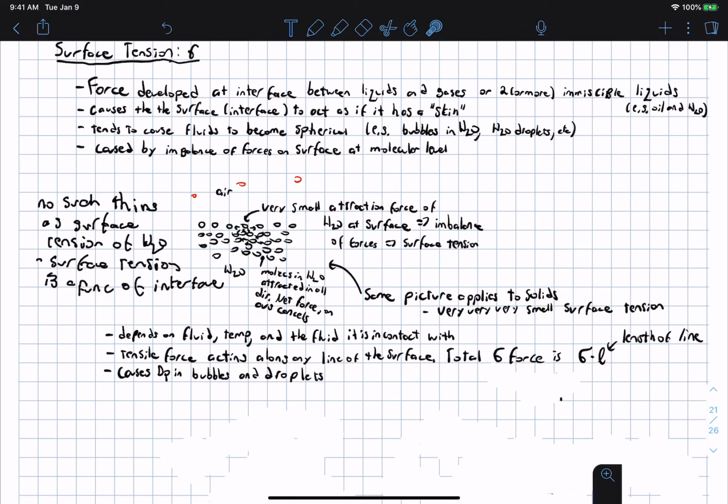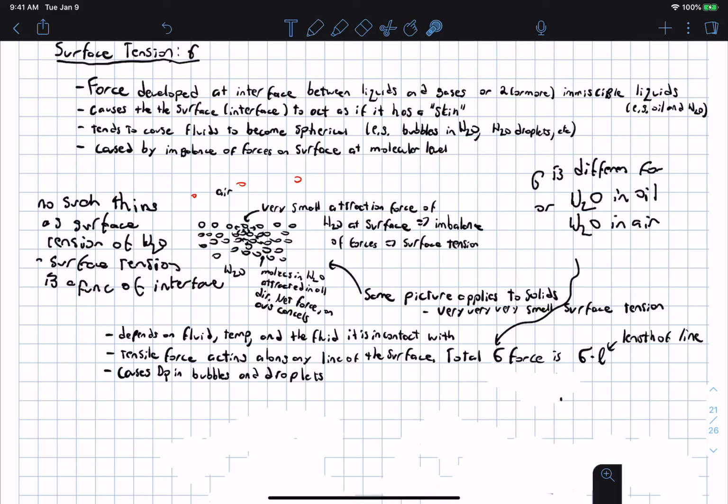Okay, but remember, the sigma here is the surface tension, and it's a property of the interface. And so the sigma is different for a water droplet in oil, like in your salad dressing or something like that, or a water droplet in air.